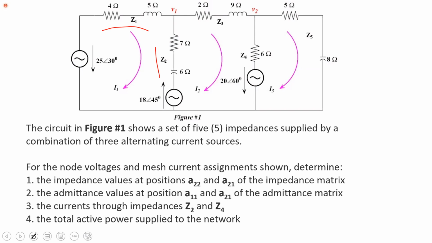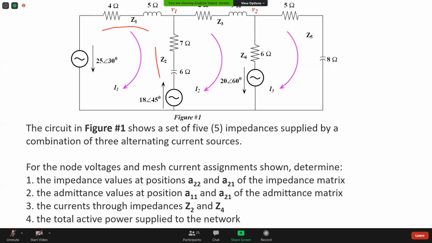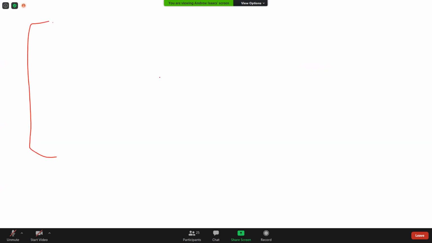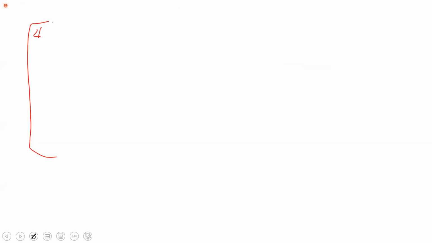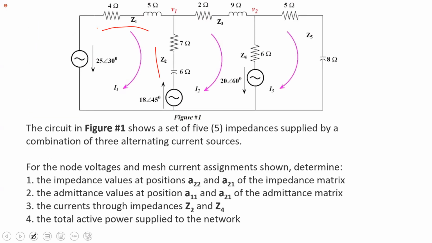We have here 4 plus J5, and we have 7 minus J6. So we have 4 plus J5, we're adding that to 7 minus J6. So that's for that mesh.